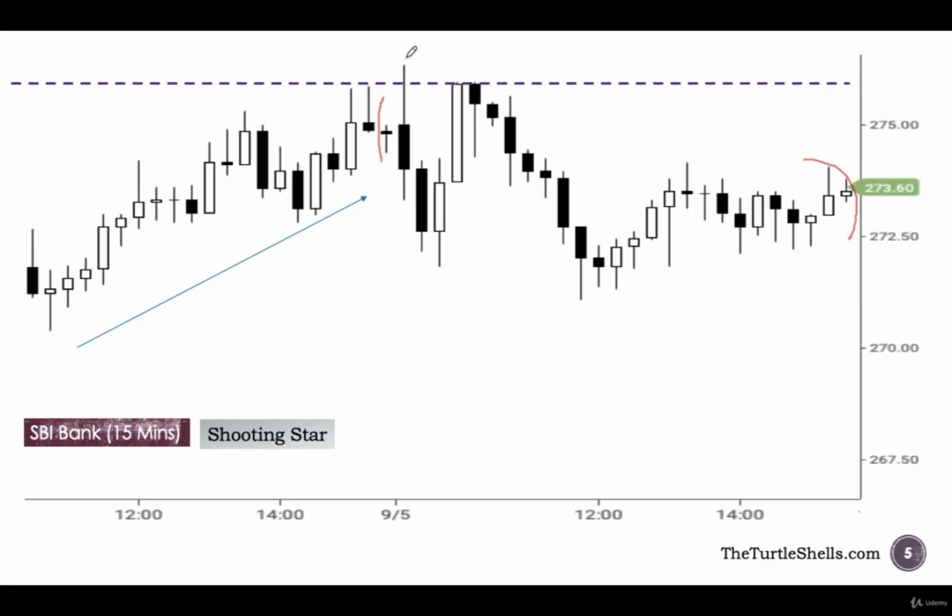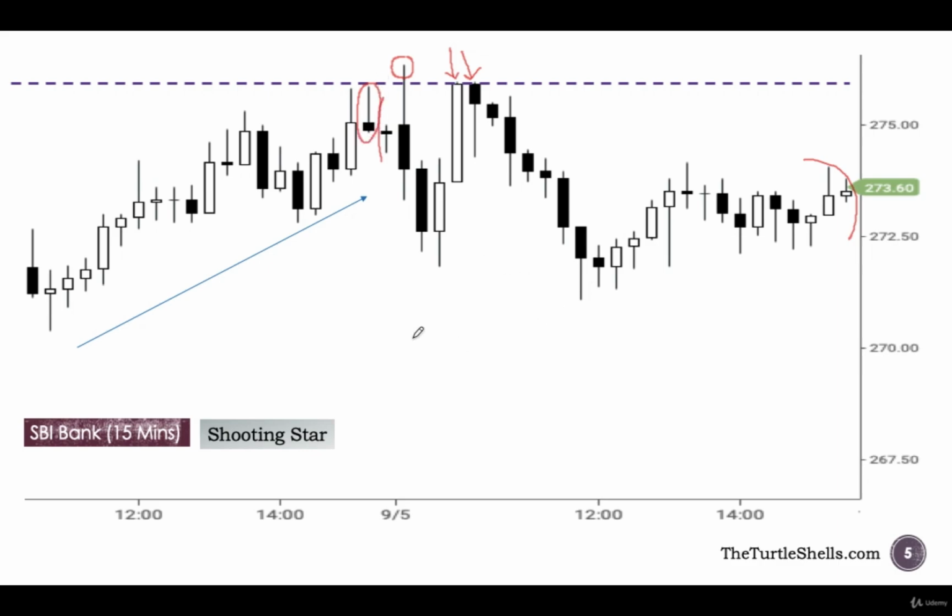So although this candle has poked its head above the resistance of the shooting star, it has failed to close above that resistance, which is why I have drawn a purple dotted line. So even these two candles have failed to close above the resistance line created by the shooting star. So remember, shooting star creates a very powerful resistance.